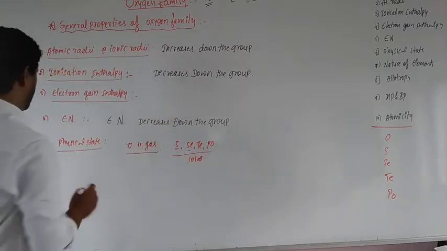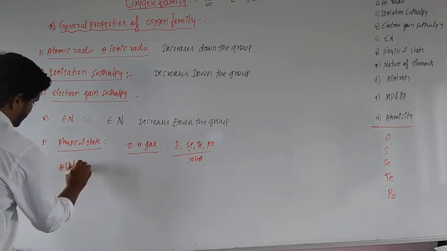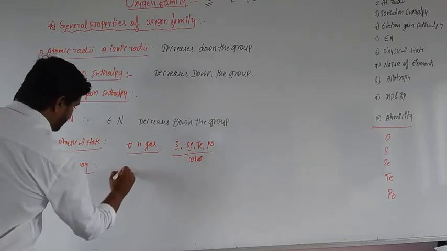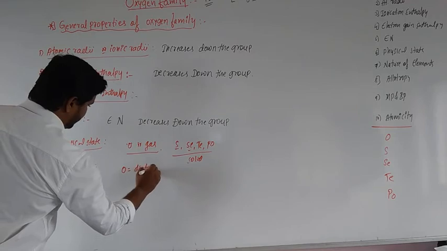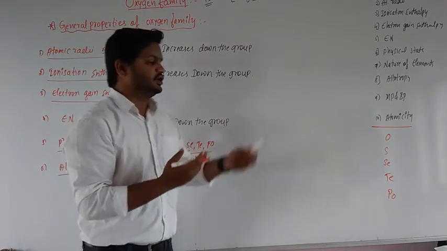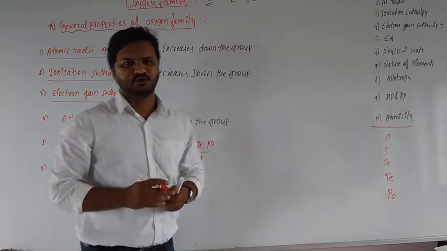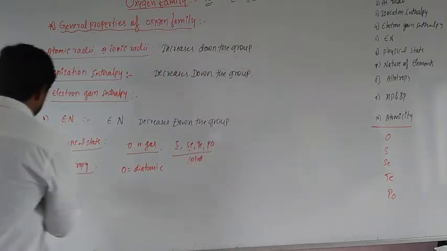And next one, allotropy. Group 16 family members show allotropic nature. Oxygen is diatomic in nature, whereas other members are polyatomic, showing different allotropic forms.